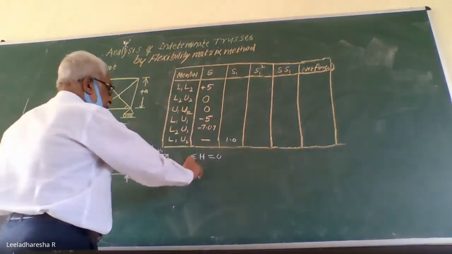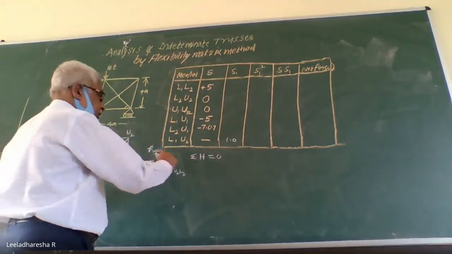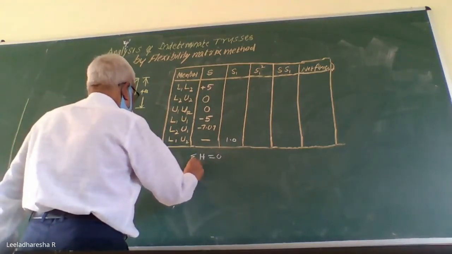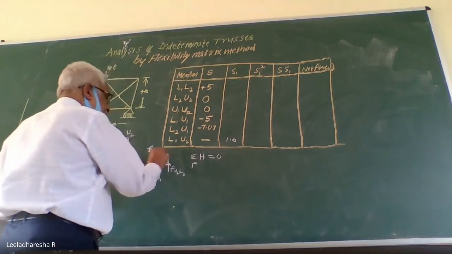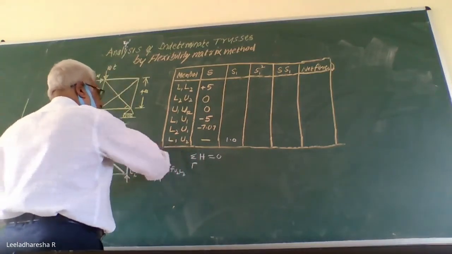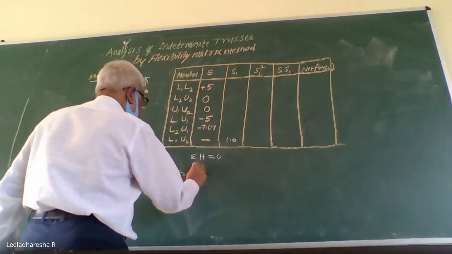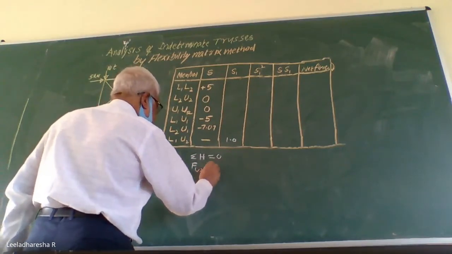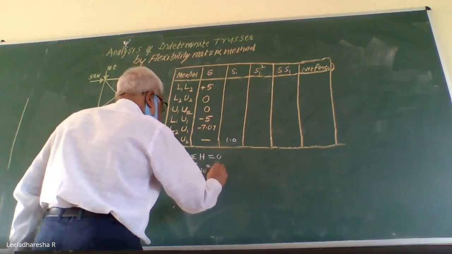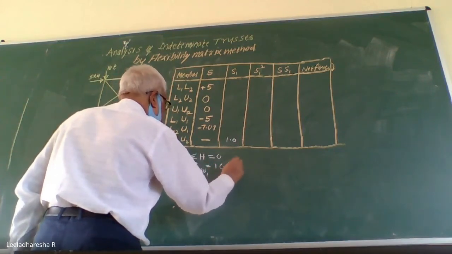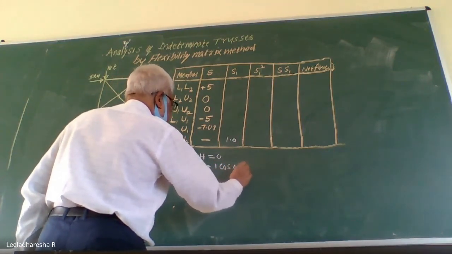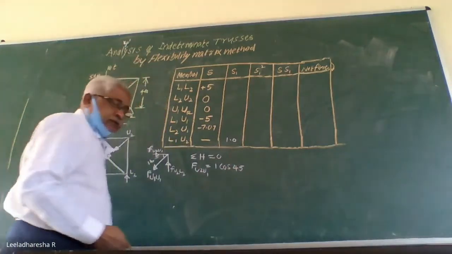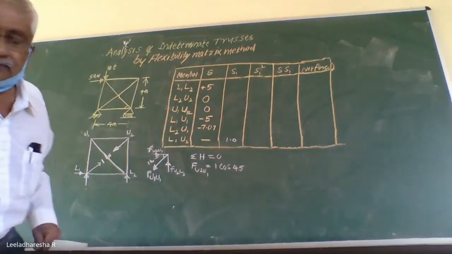Now, equating sigma H to 0, rightward force must be equal to leftward force. F U1 U2 is equal to 1 cos of 45. So check what is 1 cos of 45.